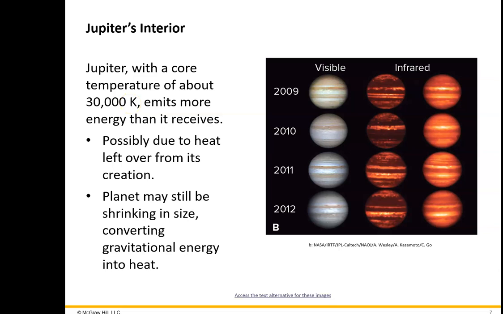And one of the very first things that we figured out, and this was a long time ago, is that you can measure how much heat is received by Jupiter from the sun, right? We know the exact amount of heat that's coming from the sun, and it decreases as the square of the distance, right? That's the inverse square law.